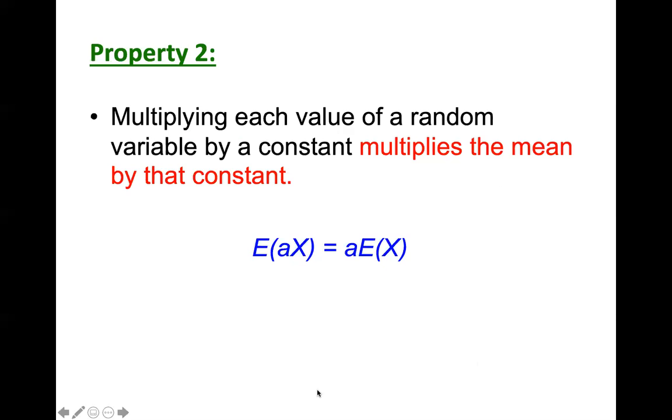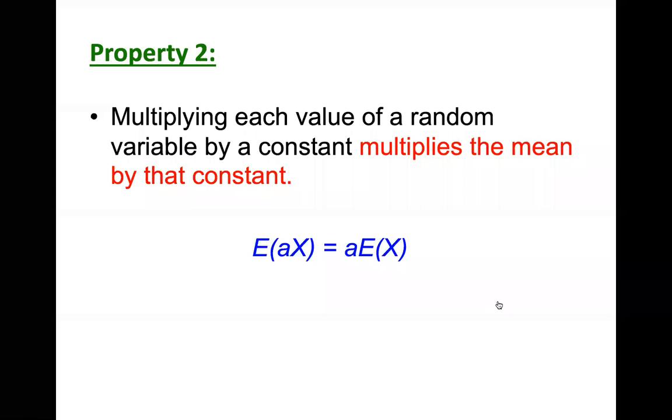So for example, number 2, it says the average cost of an item at H&M is $20.